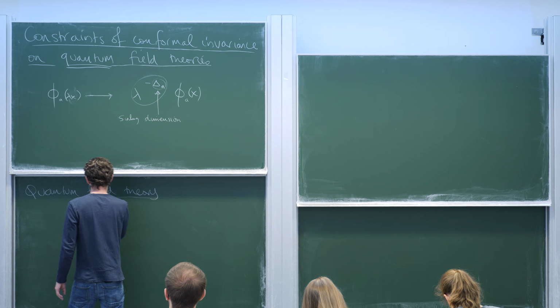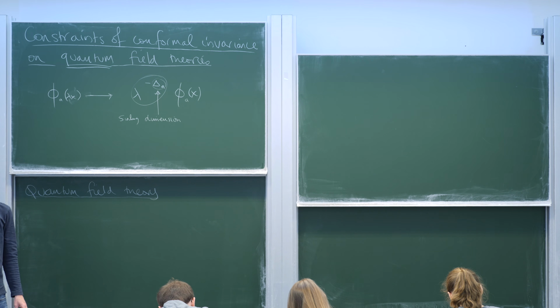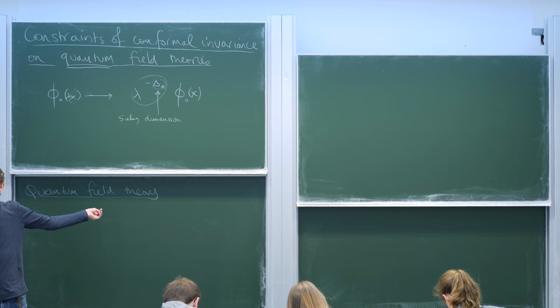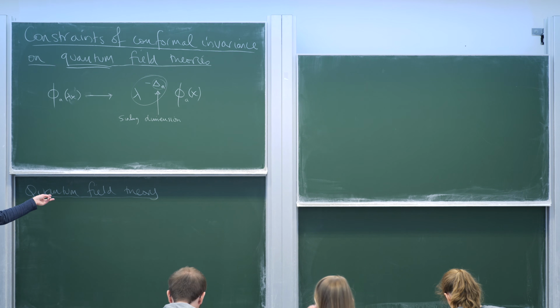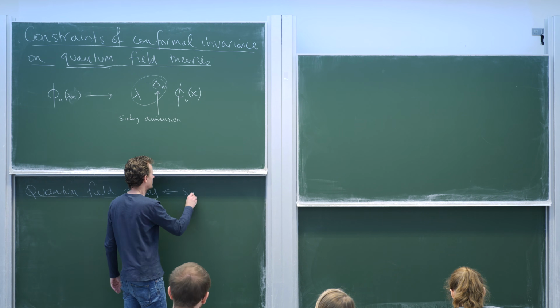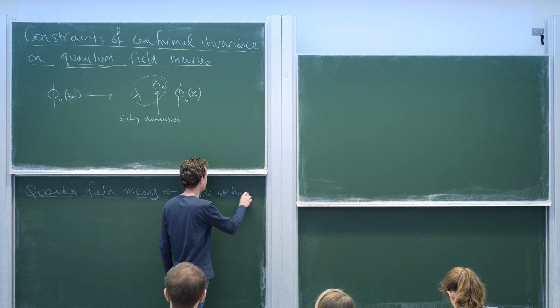So the idea of today's lecture is not to quantize a field, but rather to say, suppose we have a quantum field, what are the constraints of conformal invariance on that theory? We're not going to build theories.